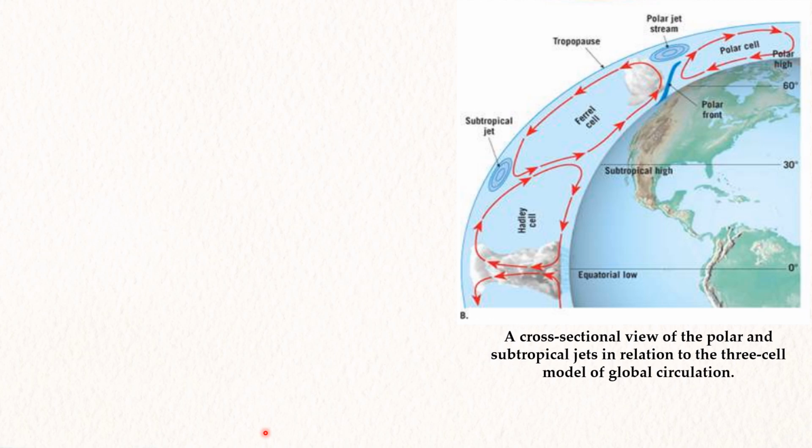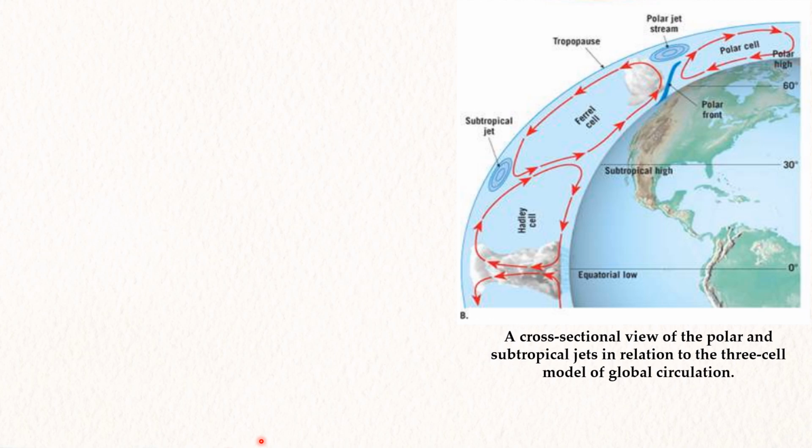We have the Hadley cell, the Ferrel cell, and the polar cell. Now this is the polar front, and this is where the polar jet stream is located. And below is the subtropical jet, of course.